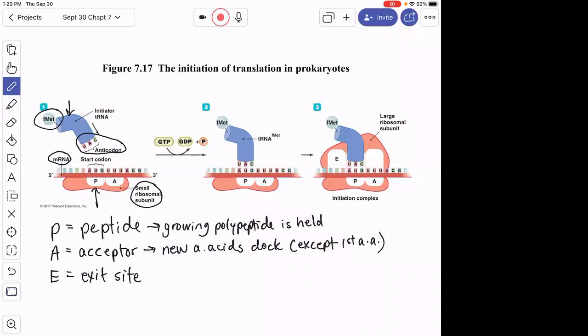So the start codon, again, is lined up with that P site, the tRNA carrying the formyl methionine, which is always the first amino acid in any protein, comes and matches and docks at that P site. The energy currency here that the cell uses is GTP instead of ATP.